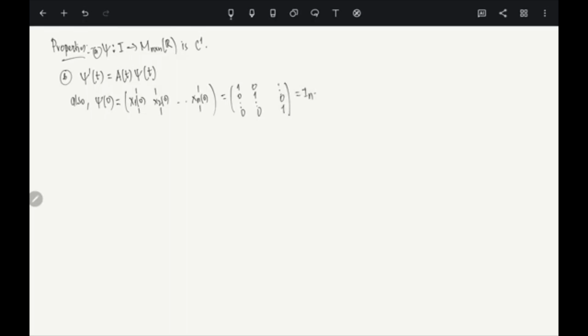Hence phi satisfies the matrix differential equation. This is a different kind of differential equation, called a matrix differential equation.